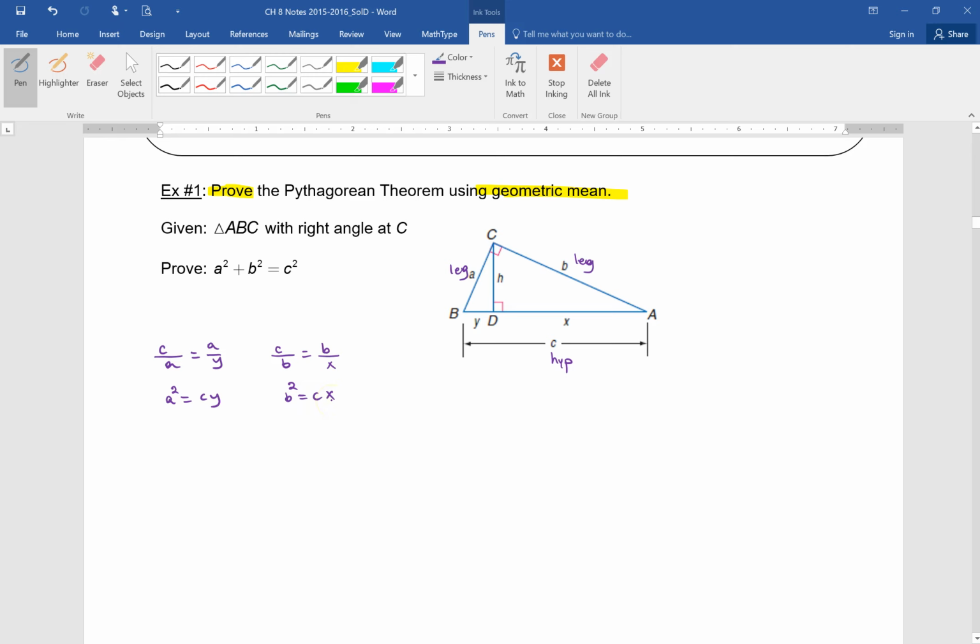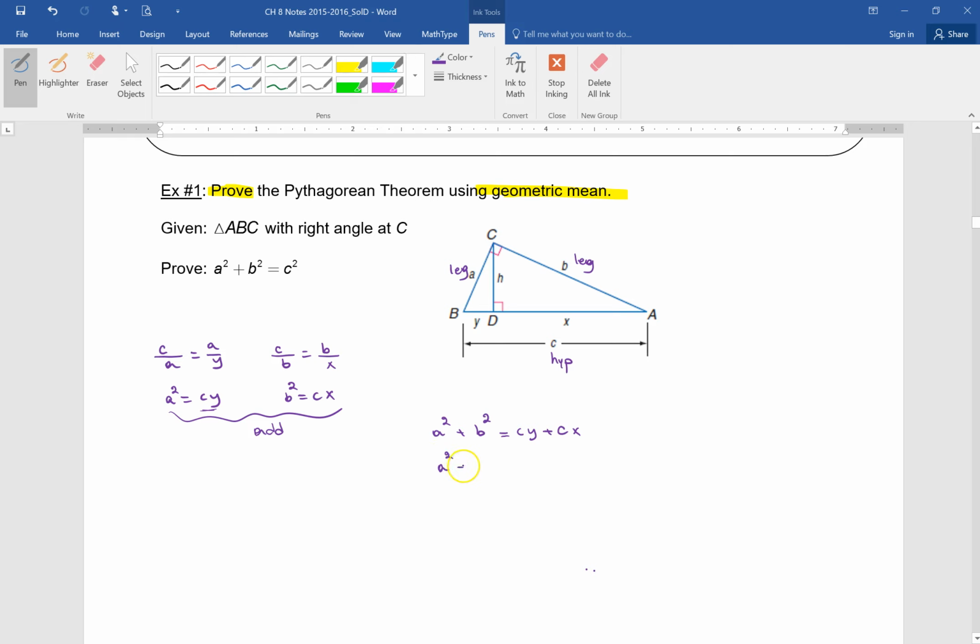Now, what happens if we just add these? What happens if I do A squared plus B squared? Well, how much was A squared? CY. How much is B squared? CX, right?